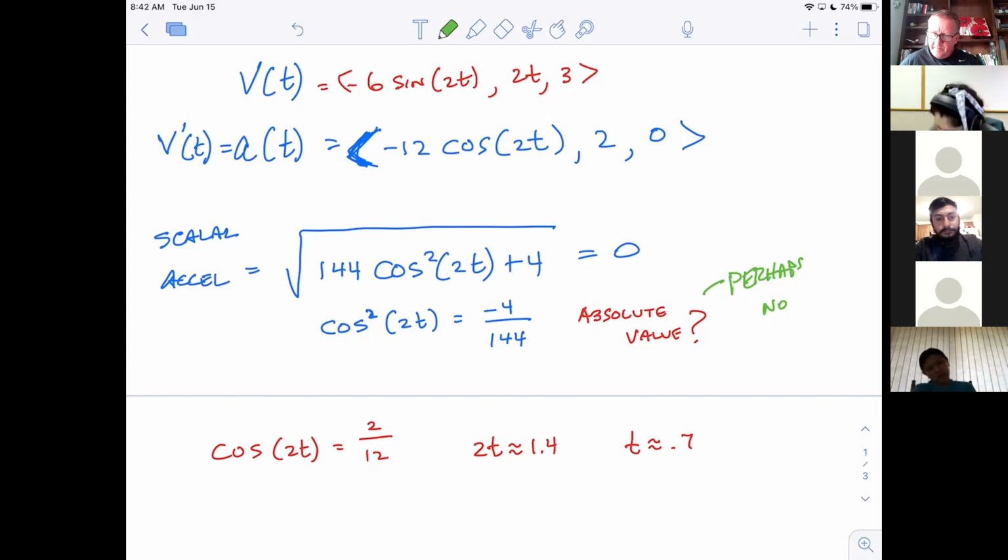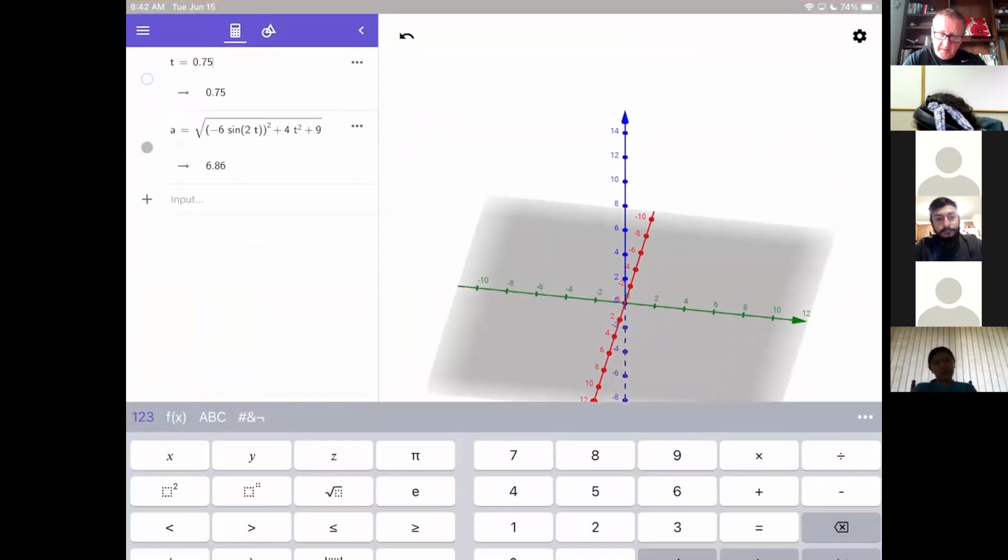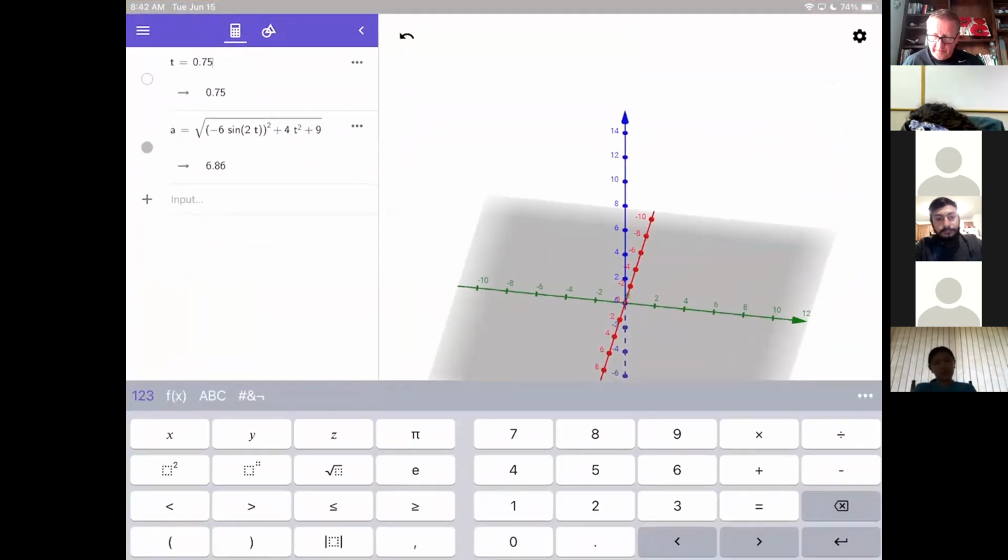And the thing that should bother you about this is if I come over here and change this to other numbers, I certainly am getting different answers.